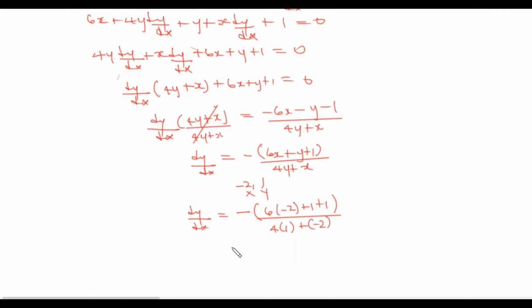So we have this is now equal to minus, 6 times minus 2 is minus 12, plus 1 plus 1 is plus 2, all upon 4 times 1 is 4, plus minus 2.